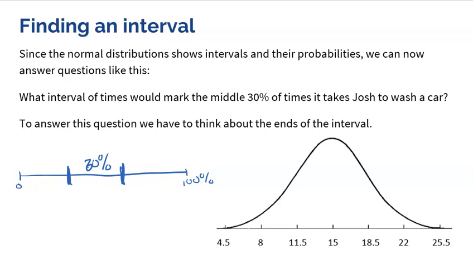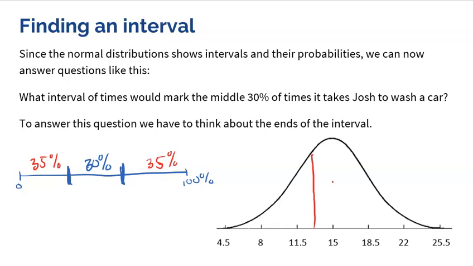But because the middle 30% is the middle, that outside 70% gets split up, 35% at the bottom, 35% at the top. So there's the middle 30% I'm trying to find, which puts 35% below it, 35% above it. Again, it all adds up to 100%.